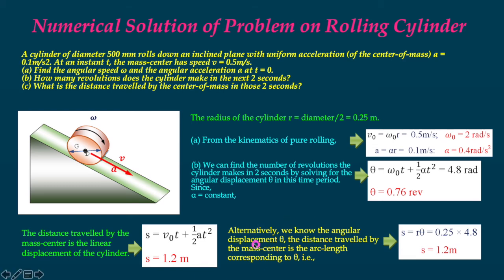In another way, we can also find the same distance by S equals r theta. S means the total distance travelled, r means the radius, and theta means the total angular displacement, 4.8 radian. So in both ways, we can use this formula or this formula, and we get the values.